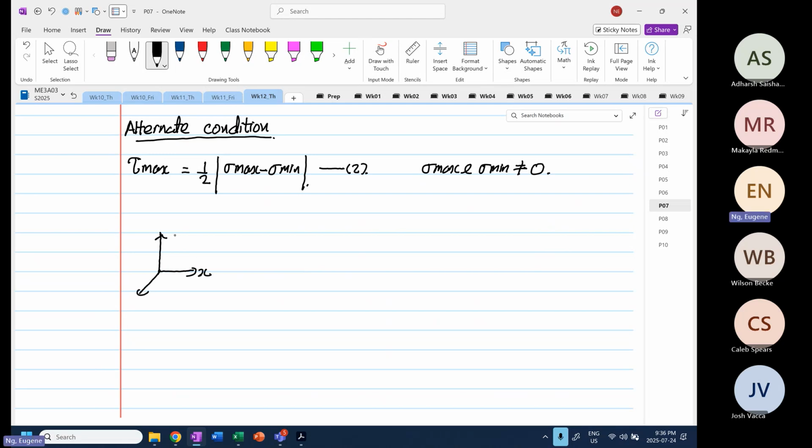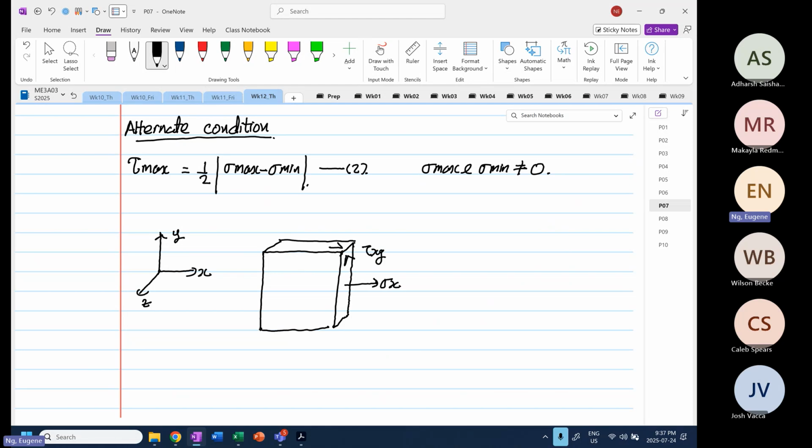So if we now look at a loading condition like what we had before, this is our X, Y, and Z. Now for this case, we have our loading situation, where we have stress X and shear XY.